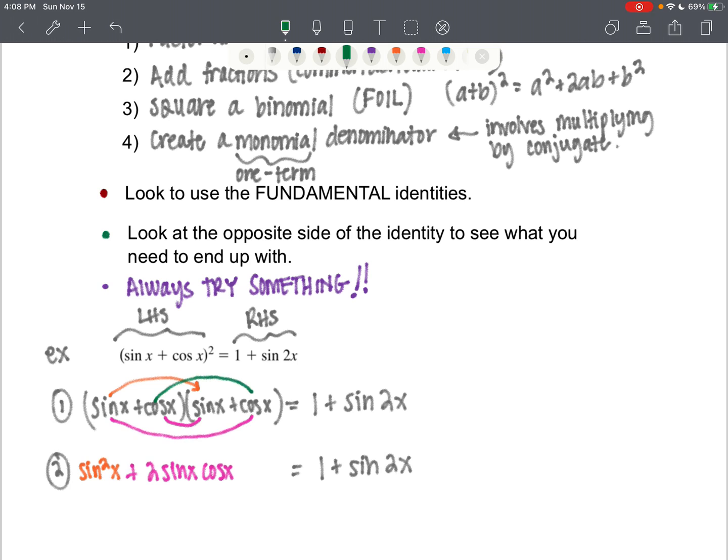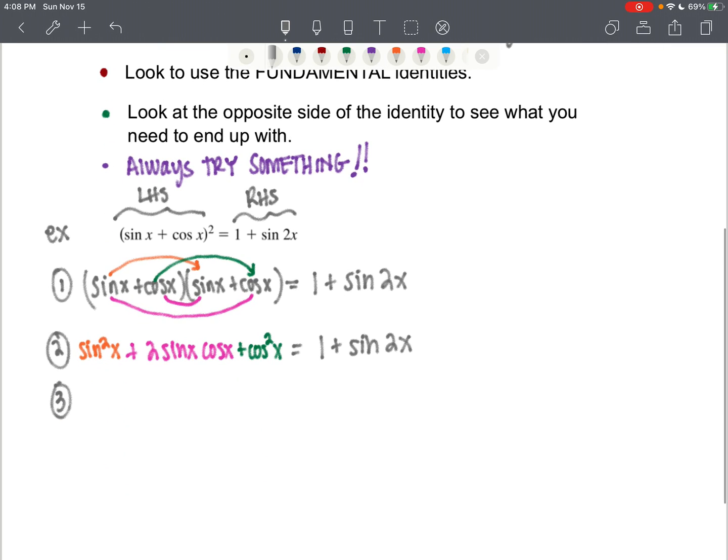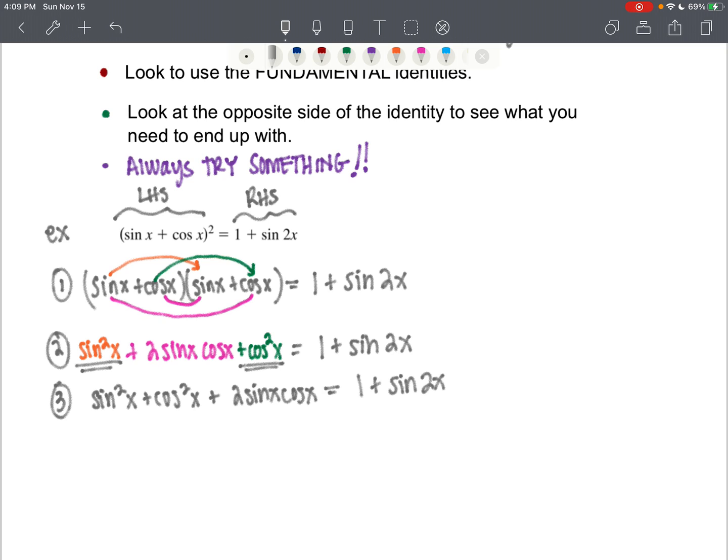And then we're going to have the last, which is cosine squared of x. Now I see right away that sine squared of x plus cosine squared of x is 1. So I'm going to rewrite that, sine squared of x plus cosine squared of x plus 2 sine of x cosine of x. And that's going to equal the right-hand side, which is not changing.